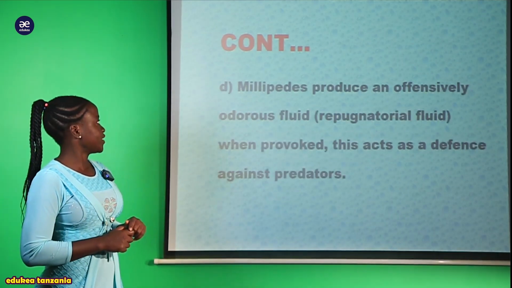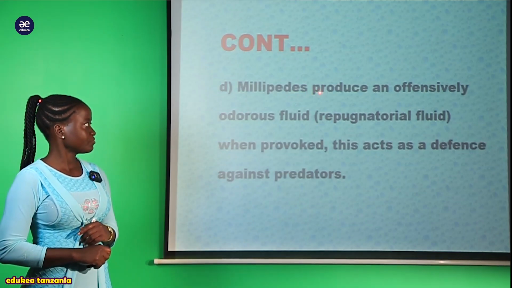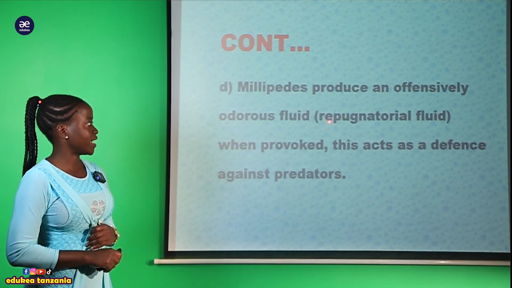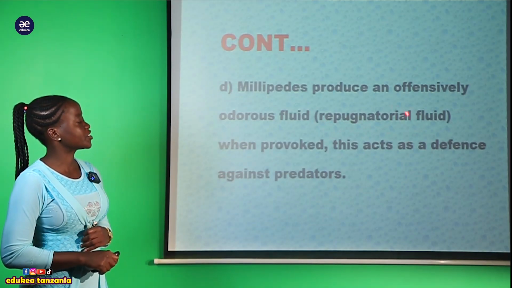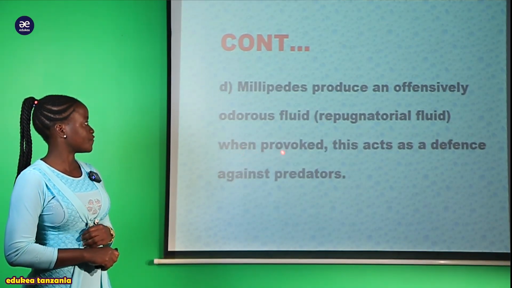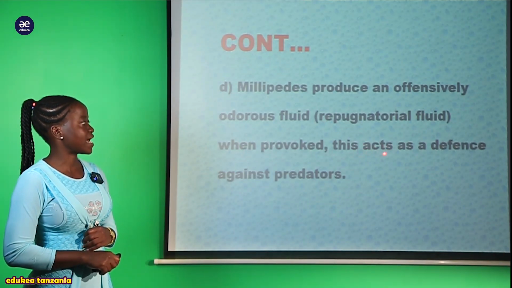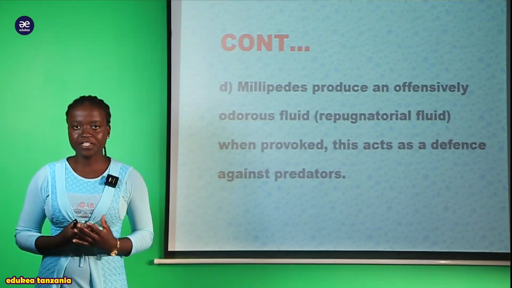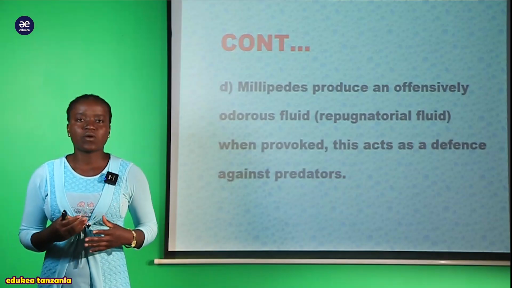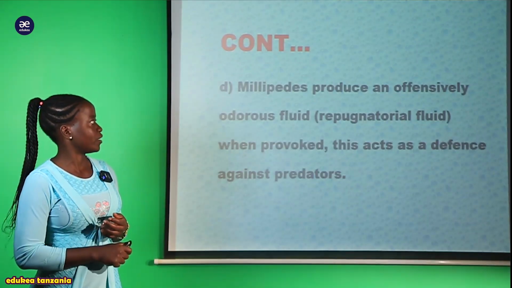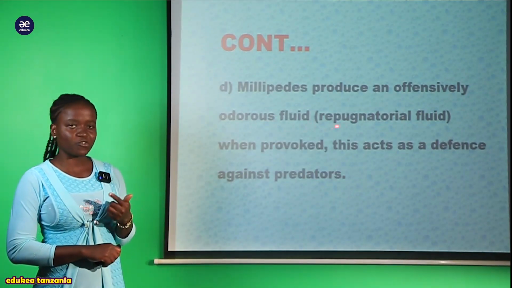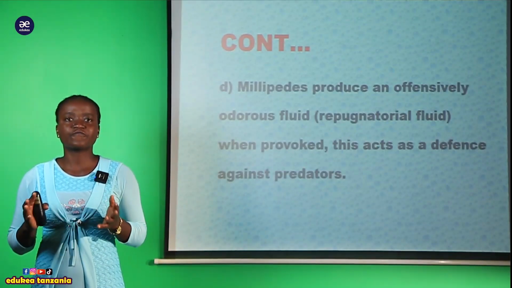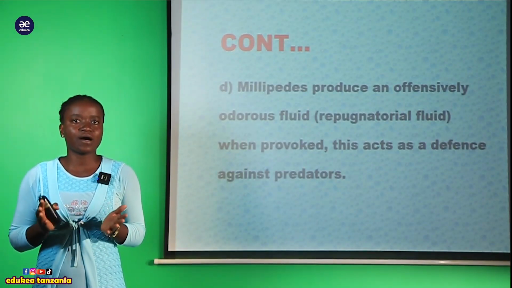And another, we can say that millipede produce an offensive odorous fluid ambayo tunaita repugnatorial fluid, which acts as a defense against the predators. Pia hawa organism wanasema kwamba wana produce a special chemical au tunasema kwamba offensive odor fluid. Hii offensive odor fluid inakuwa na harufu inayopatikana kwa hawa jongoo.